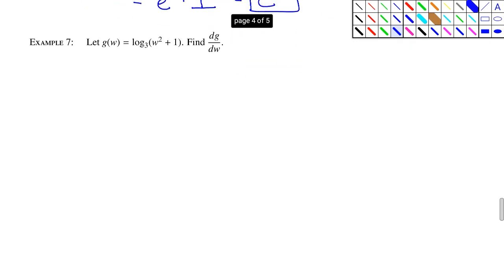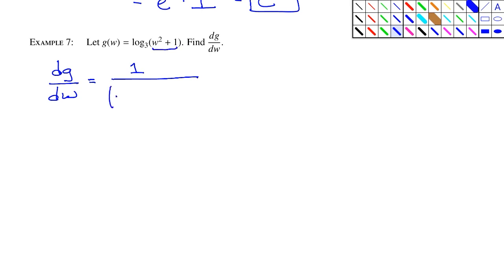Example number 7. Let g of w equal log base 3 of w squared plus 1. Find dg dw. So dg dw is equal to, and we've got to use the chain rule on this. So it's going to be 1 divided by the argument of the log. That's what you take the log of. w squared plus 1 times the natural log of 3.